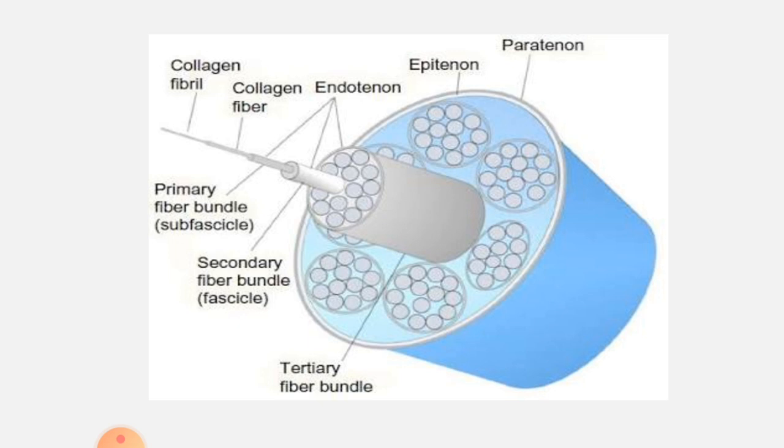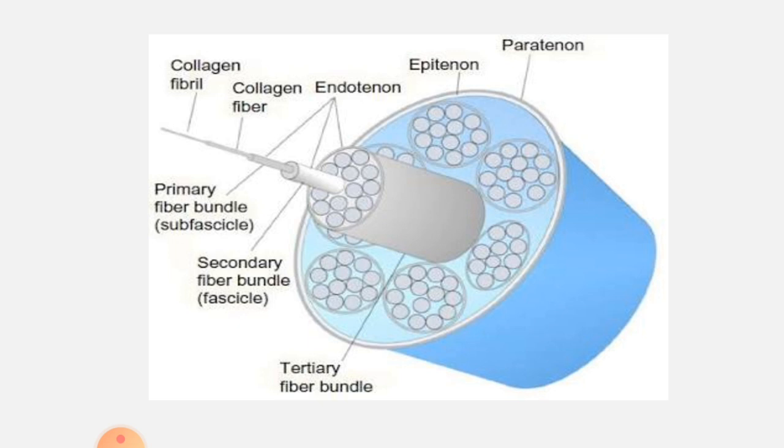Then we will talk about the different layers of the tendons: paratendon, which is the outermost covering, epitendon, and the endotendon. The endotendon basically is a layer at the surface of the tendon that is formed of fibroareolar tissue, and it is condensed into a thin fibroelastic sheet.